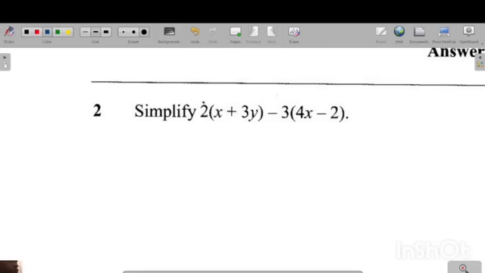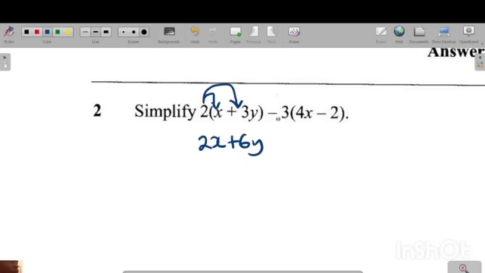So 2 times x is 2x, then 2 times positive 3y is positive 6y. Take note, I'm multiplying together with the sign to avoid mistakes. So we are done opening this.